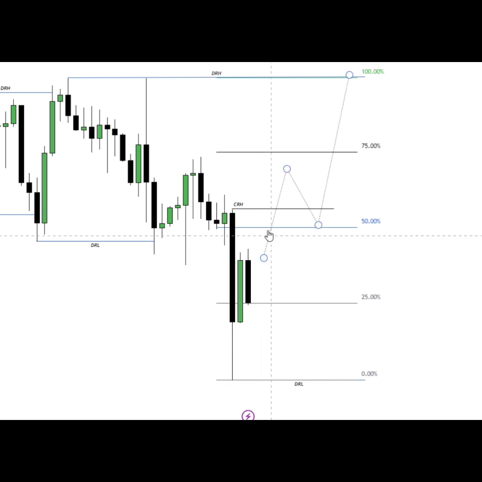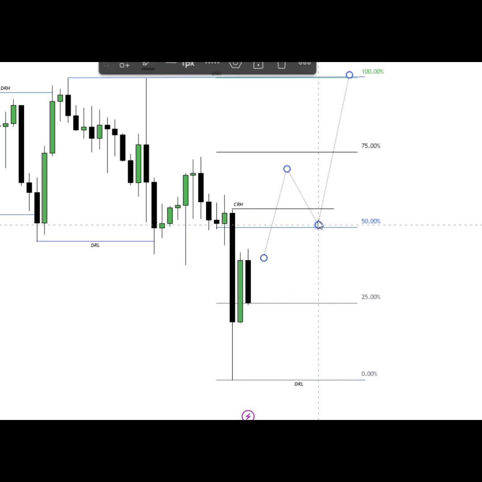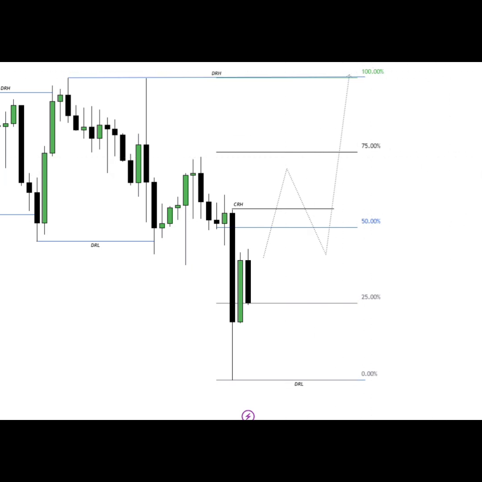So once we come above 50% of price, we're gonna be looking for price to come back to discount, right? And that's when we'll look for those buying opportunities to the upside, because we can't buy at premium. So we're gonna be looking for buying opportunities to push price higher. So yeah, that's about it.